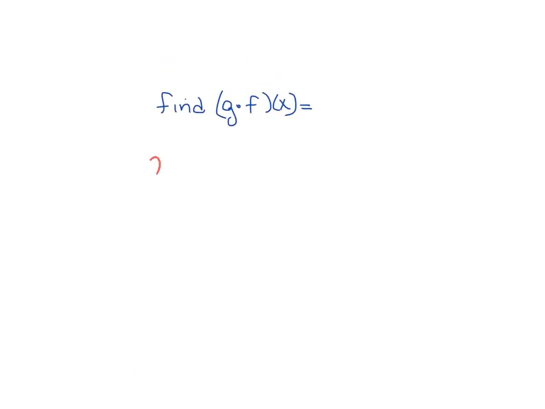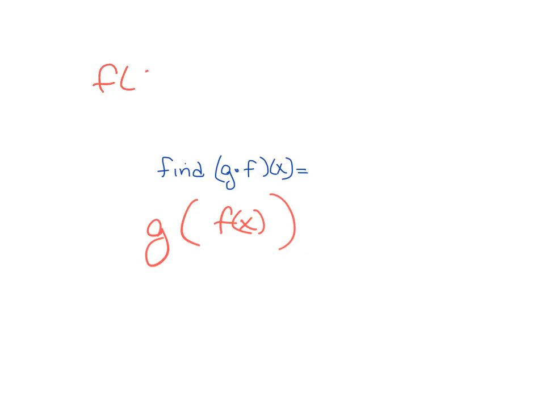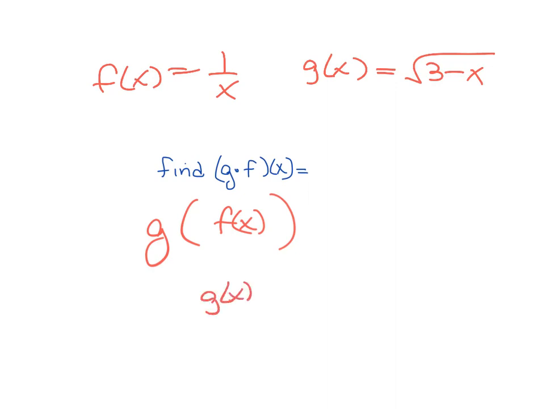So again, take the f of x function, and it's going to get plugged into the g. My two functions again: f of x was 1 over x, g of x was 3 minus the square root of x. So I'm going to take the g of x function. g of x is 3 minus x.